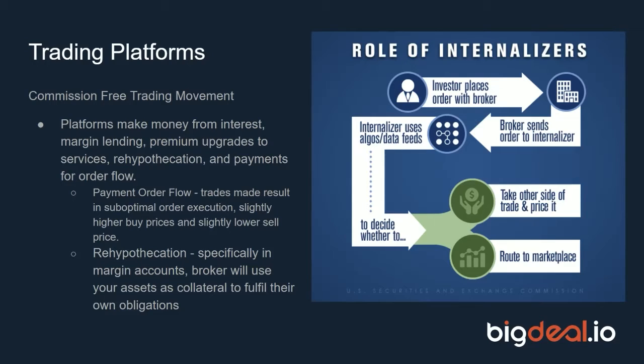Rehypothecation, so this is for margin holders, which we'll talk about in a minute. Rehypothecation allows the broker to use the assets in your account to fulfill their own obligations. They could take some of your assets behind the scenes and invest them in other securities, or do pretty much whatever they want with it, and then pocket a few pennies or whatever they made on that transaction and put it back into your account, without you really seeing that happen.